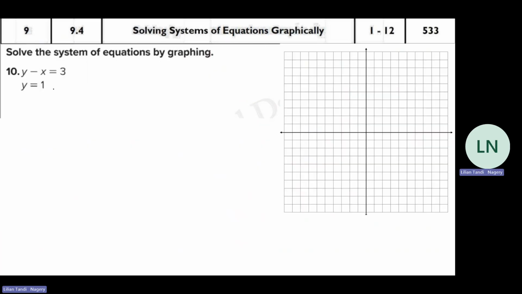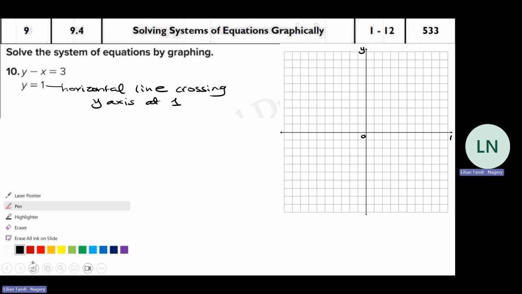So this you already know is a horizontal line that crosses the y-axis at 1. So you don't need a table for it. Horizontal line crossing y-axis at 1. Y-axis 0, 1.